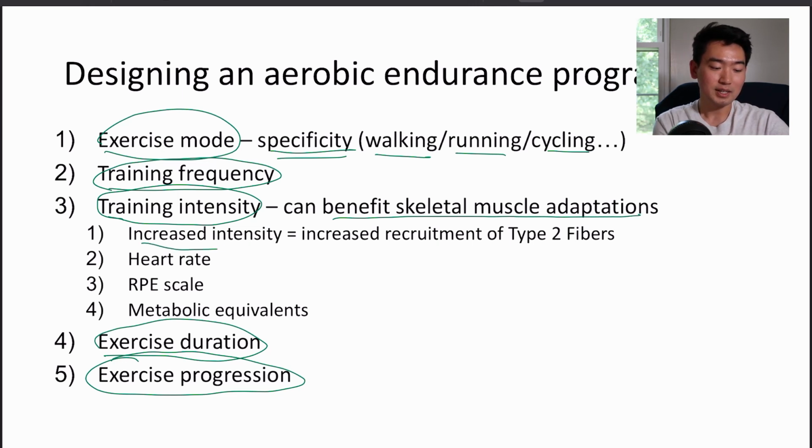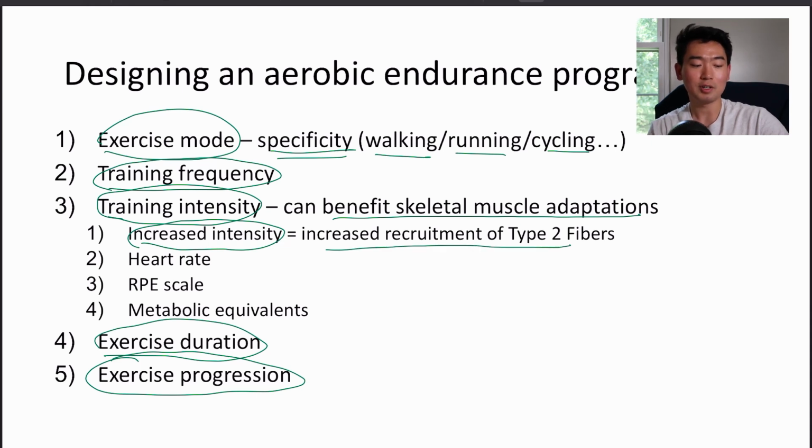So increased intensity could result in increased recruitment of type 2 fibers if you're utilizing those more than type 1 fibers. Heart rate, RPE scale, and metabolic equivalents are good ways to measure training intensity and track it, right?